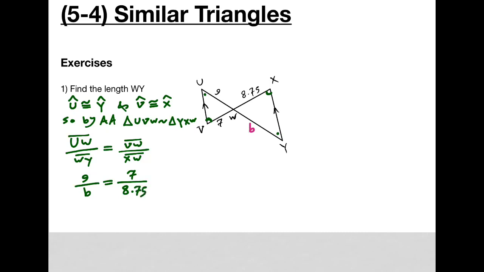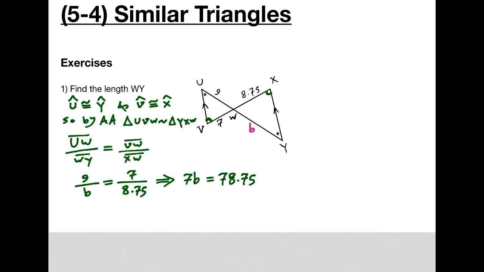Now, whenever you have an equation like this, we should cross product, right? So let's do the cross product here. 7 times b must be equal to 9 times 8.75, which is 78.75.